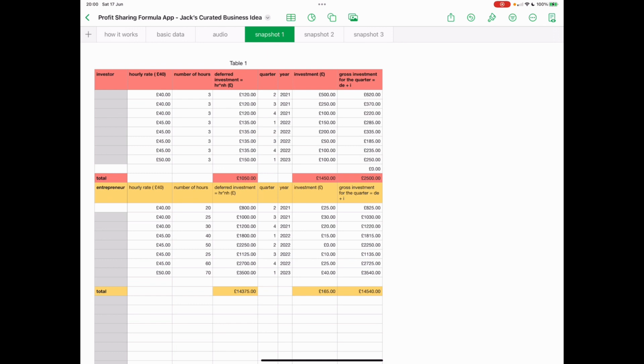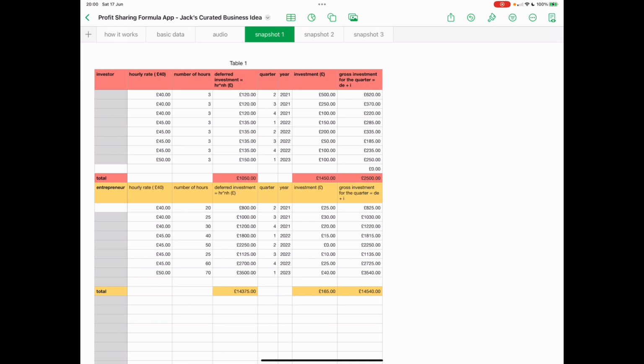In the quarters of year 2022, they must have agreed that the hourly rate will increase to £45, and the investor spends about 3 hours.